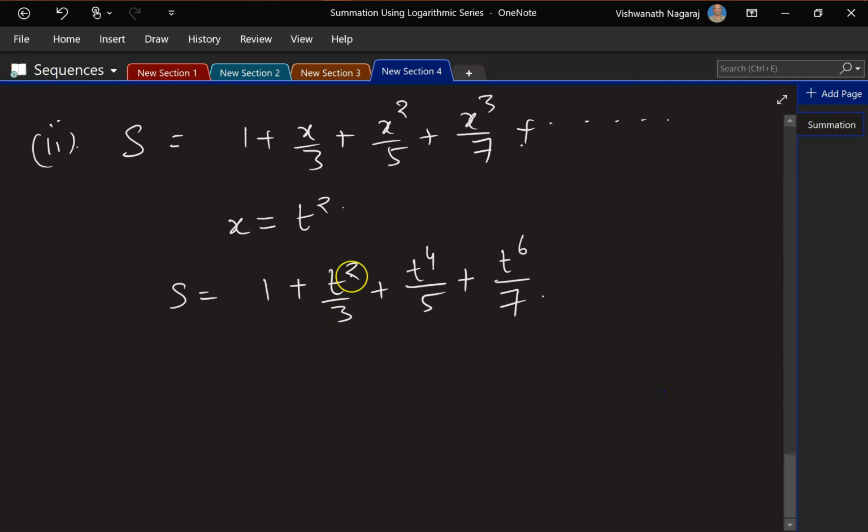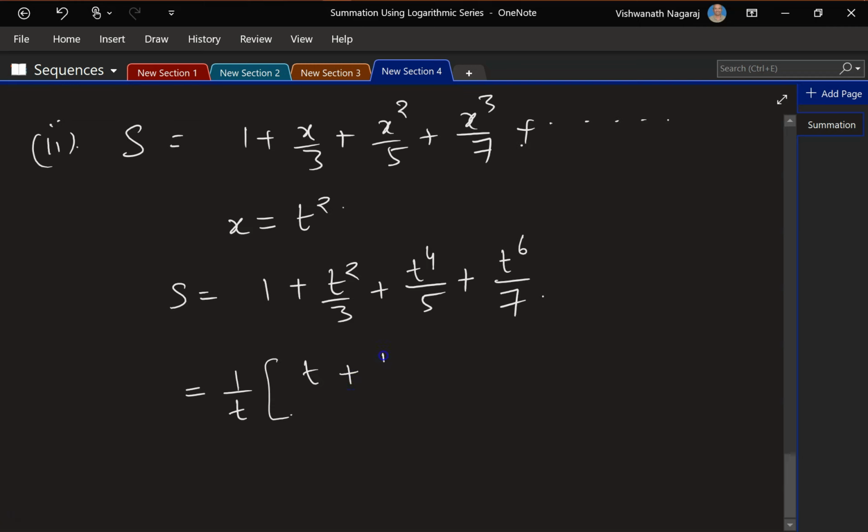We still require one more additional t, right? Here it is 3, here it should be cube, here it is 5, it should be power of 5. So let's multiply the entire series by 1 by t, and to balance that, let's multiply all the terms by t. So basically we are multiplying each of the terms by t by t.